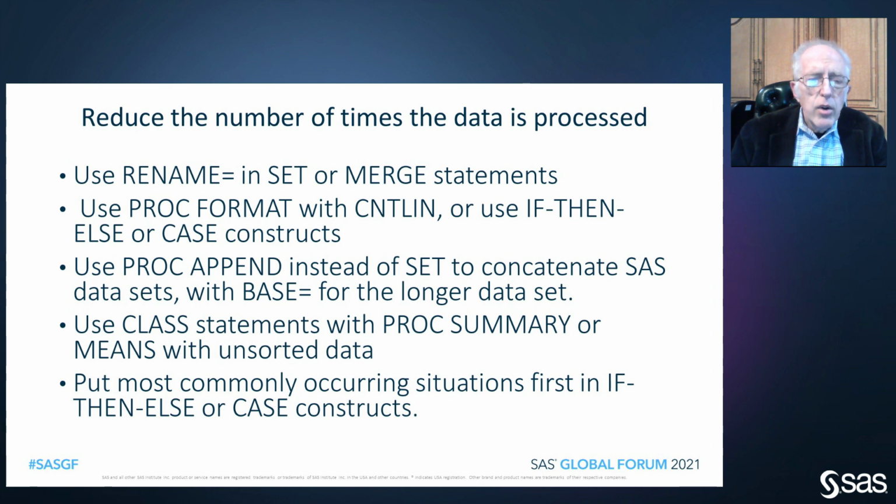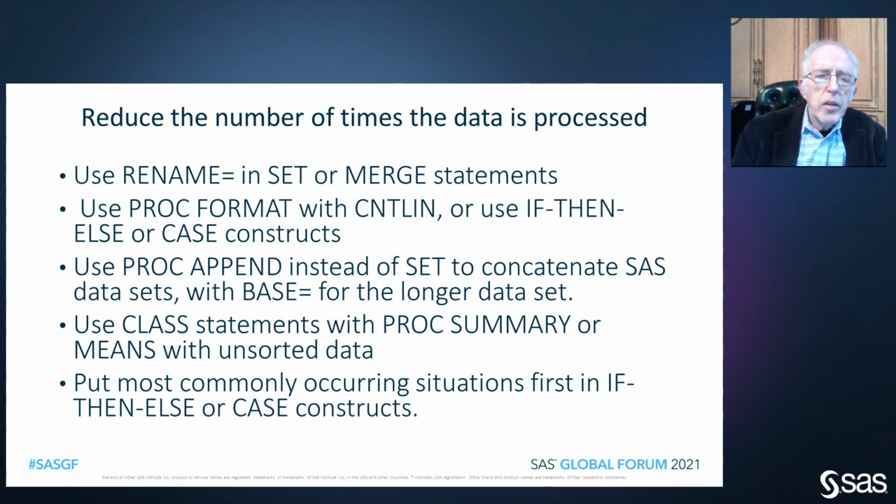You also want to put the most commonly occurring situations first if you have an if-then-else or a case construct. As in most programming languages, a key point is to know your data. Because if you have if-then-else, and if you have a series of else statements, it will stop after it finds a hit.